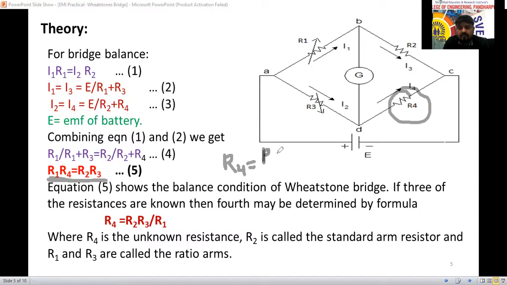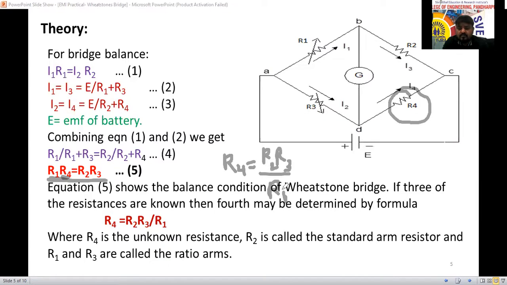The R4 term I keep as it is. On the RHS I will write R2 into R3 divided by R1, because when R4 goes to the RHS side, R1 becomes the denominator. So R4 equals R2 R3 divided by R1. You can write like this.